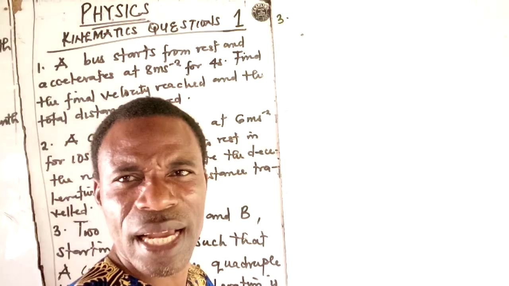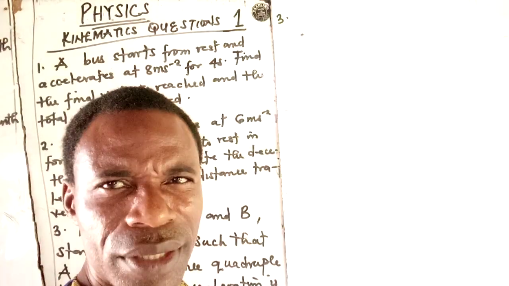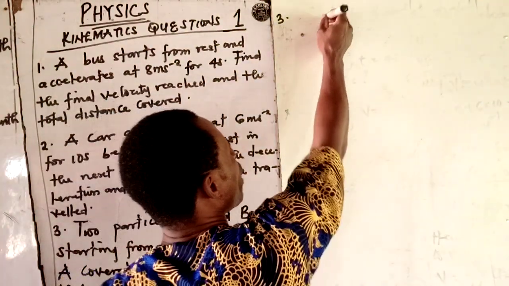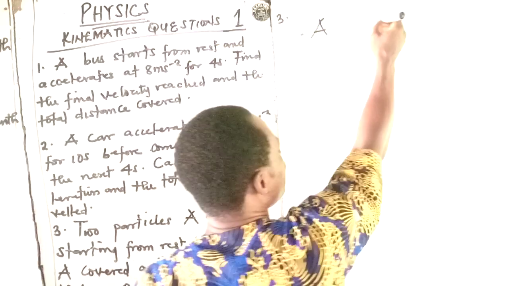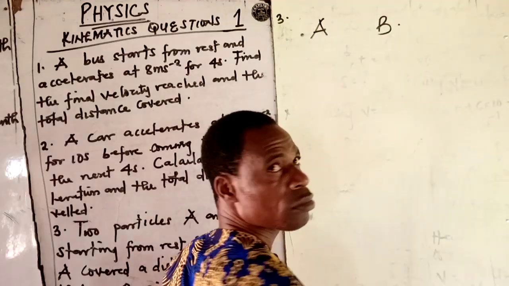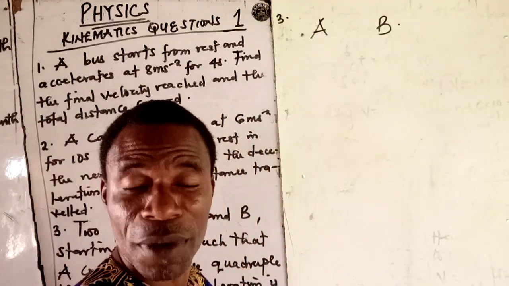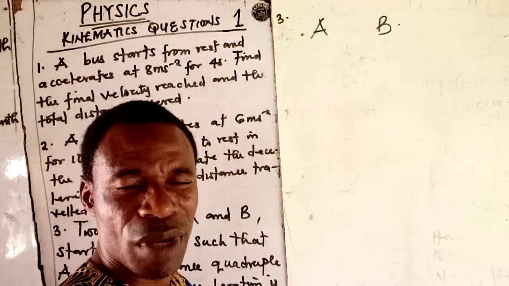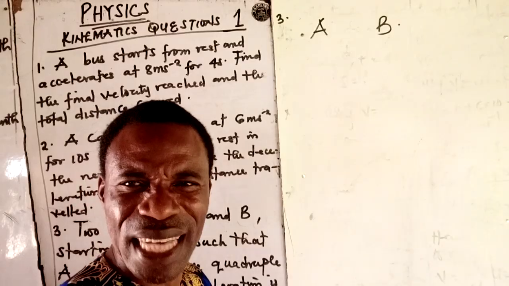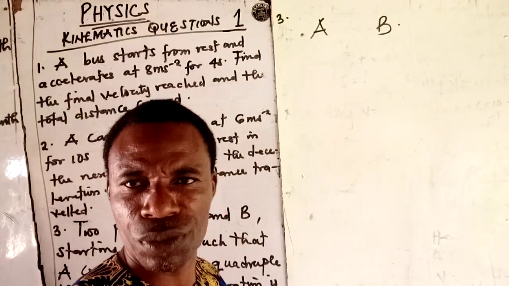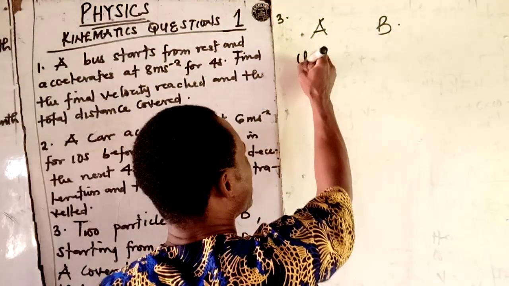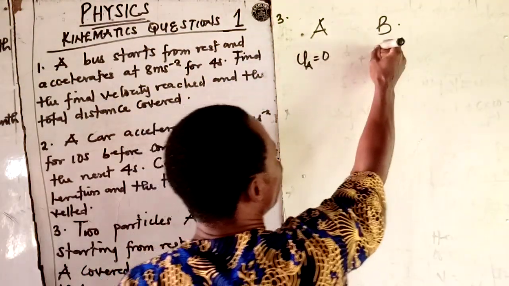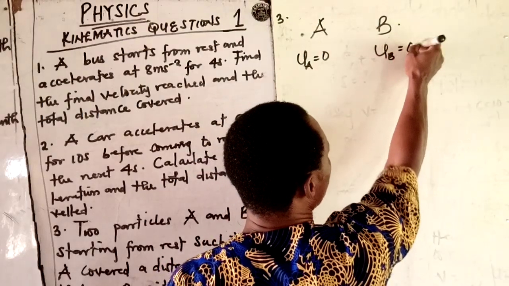This is particle A. This is particle B. As they are starting from rest, what does it mean? It means they have initial velocities that are 0. Both of them start from rest. So U of A is 0, while U of B is also 0.